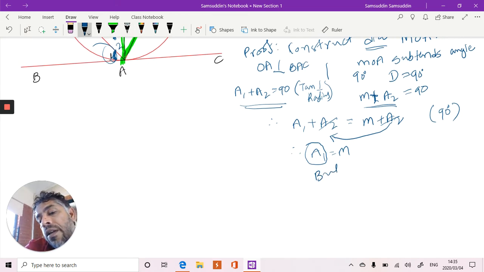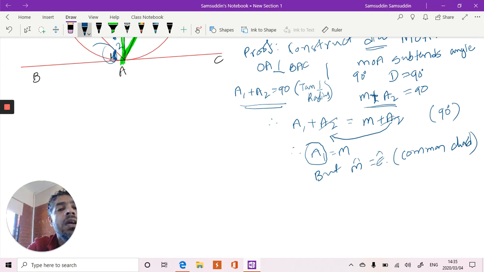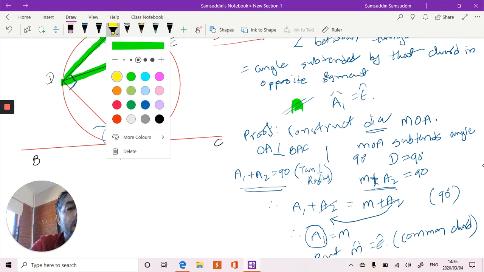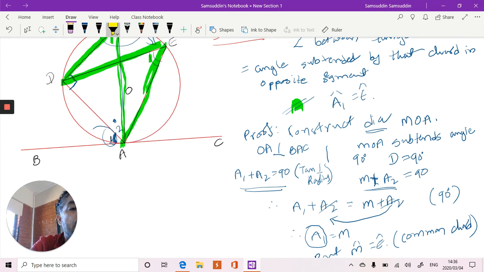So my angle M equals angle E. What's the reason? It is a common chord or common arc, and that arc is AD.